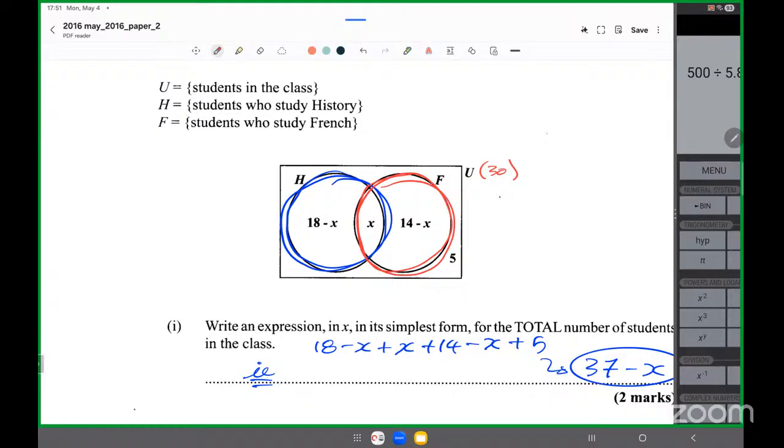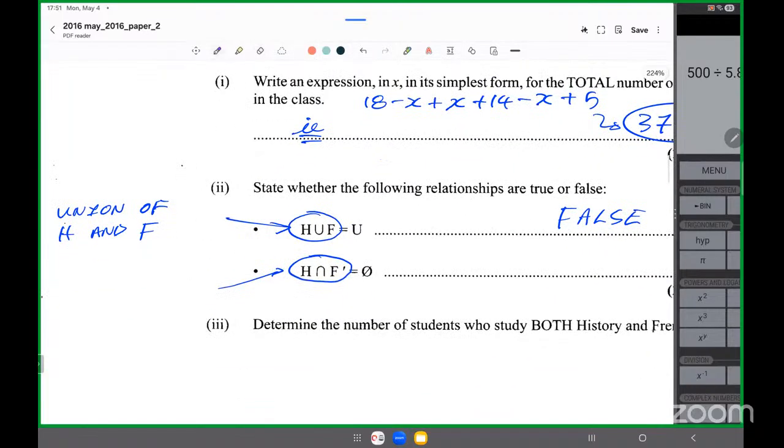It means you're only inside here. That's H only. See that? You're outside of the red, that's what F complement means, and at the same time you're inside of the blue. So this is the set notation for H only.